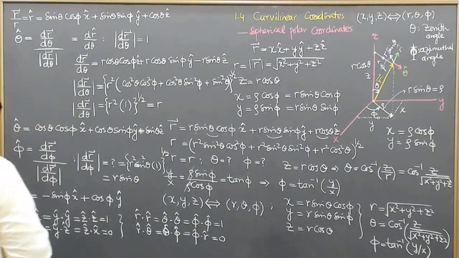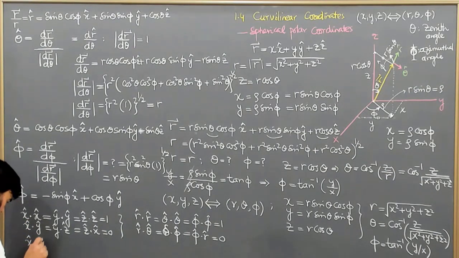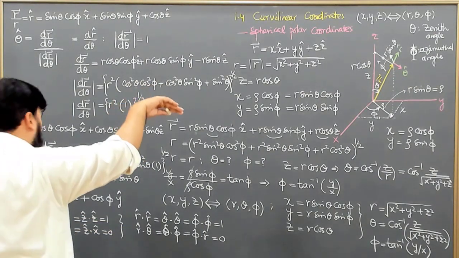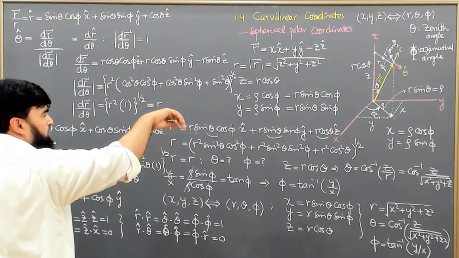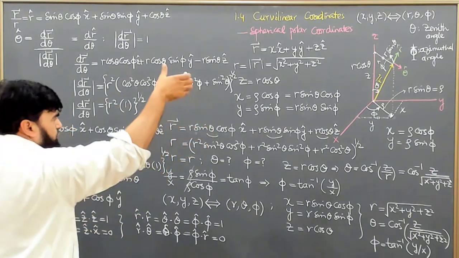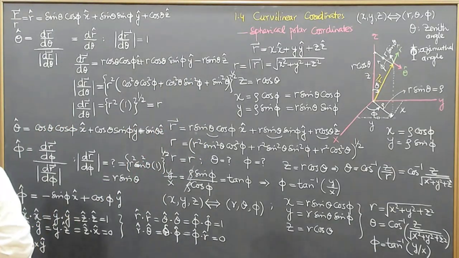And similarly, as we are having the cross product like this, x cross y, then it will be equal to plus z.